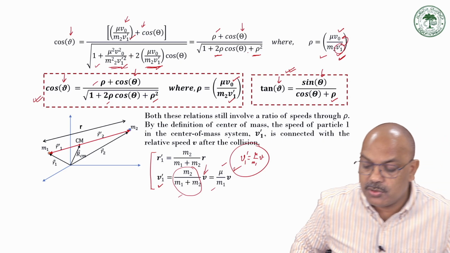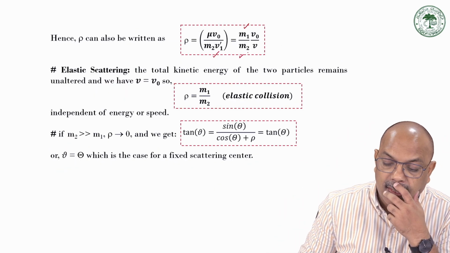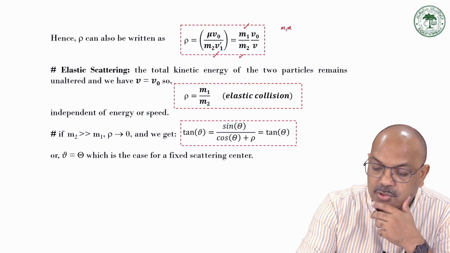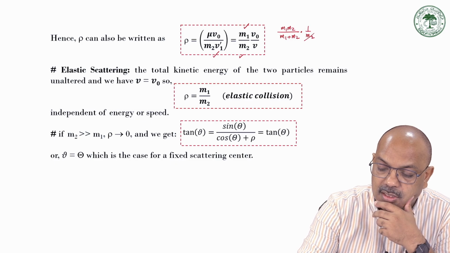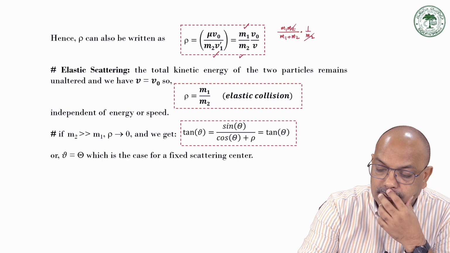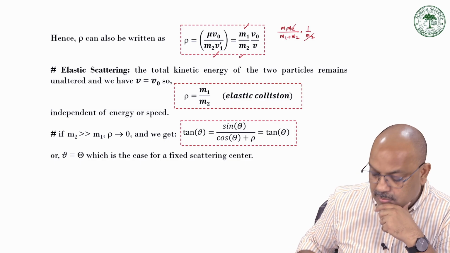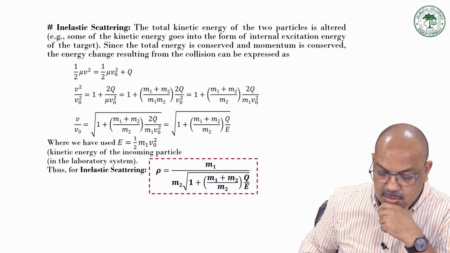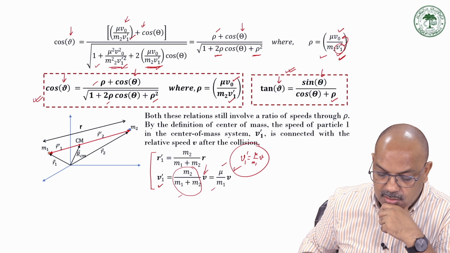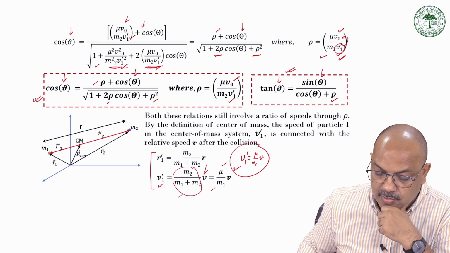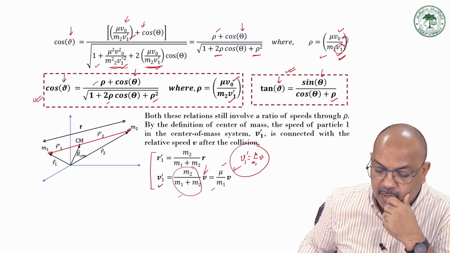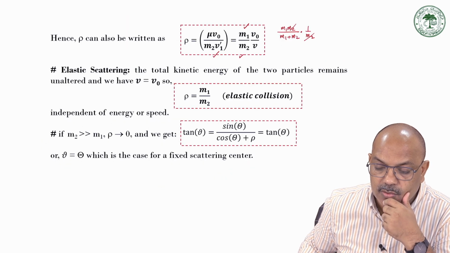This is mu by m2, and if I write mu as m1 m2 divided by m1 plus m2, and this is divided by m2, I get m1 upon m1 plus m2.